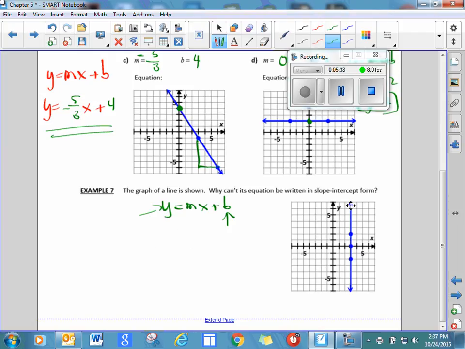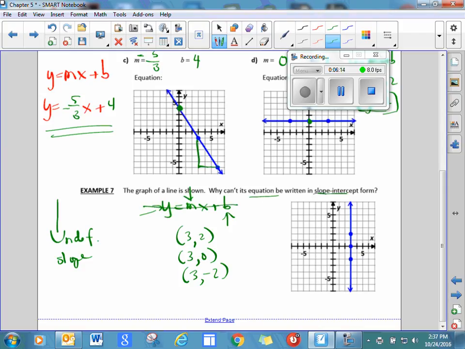If you look at the points on this line, let's look at the 3 that are shown. This point right here is 3, 2, 3, 0, and 3, negative 2. Remember, a straight line has an undefined slope. So not only can we say that there is no b, there is also no slope. So this equation does not work for a perfectly vertical line.